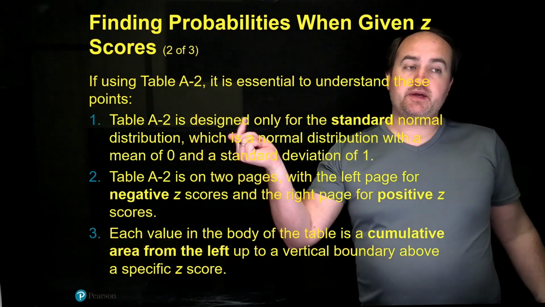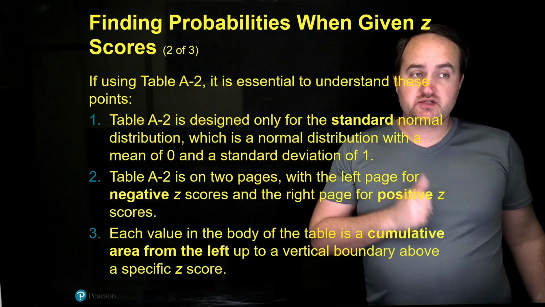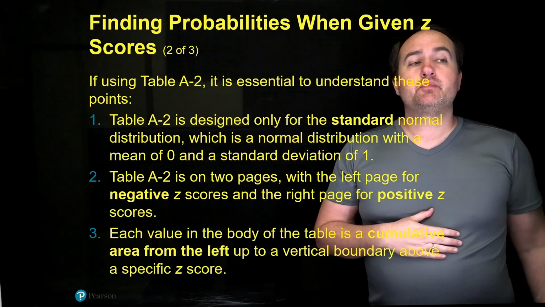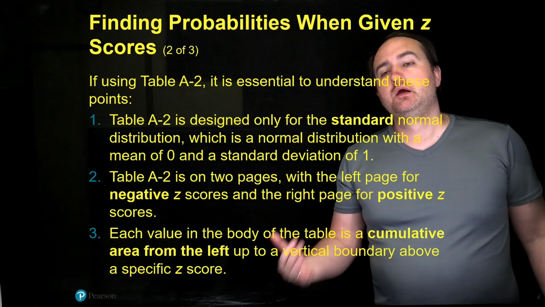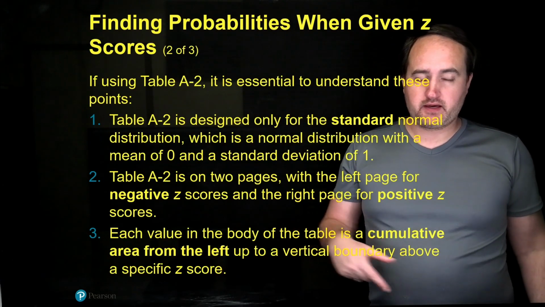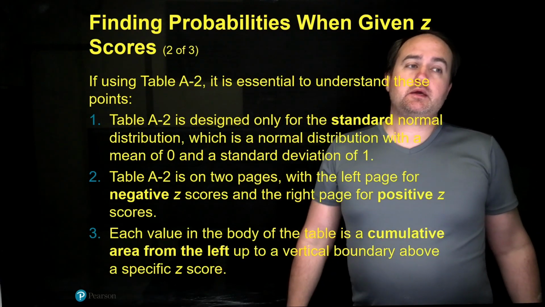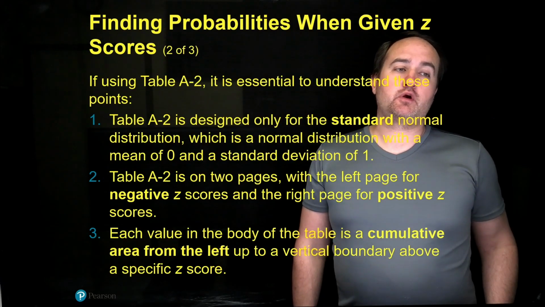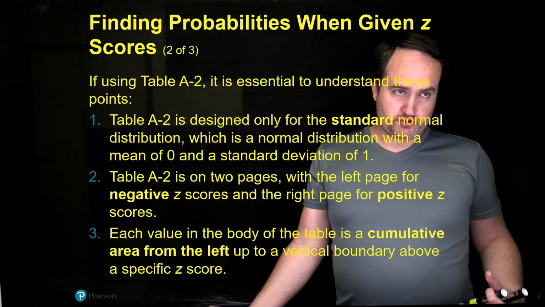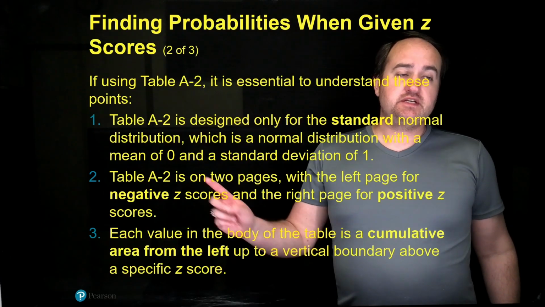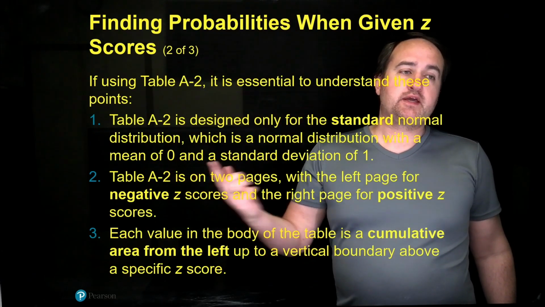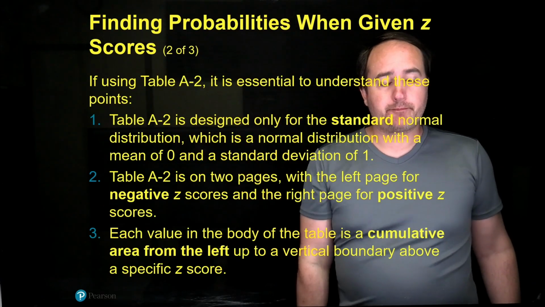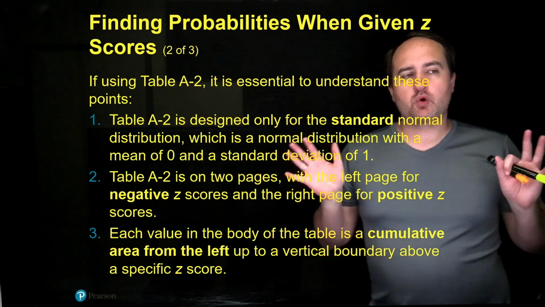You can't use table A2 if you have a non-standard normal distribution. But in 6.2, which is going to be my next video that I release, we will be learning about how to convert a non-standard normal distribution into z-scores so that we can use table A2 for those as well. But in this section, we're just going to be working with z-scores.